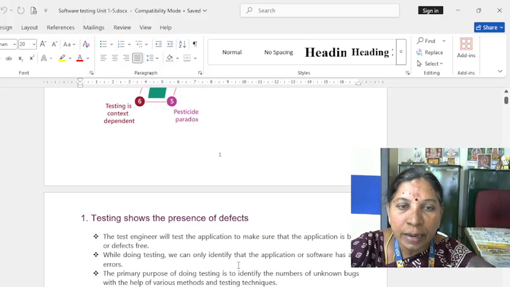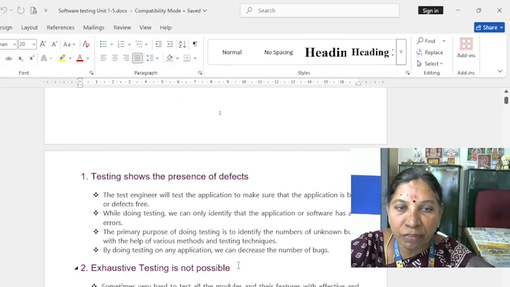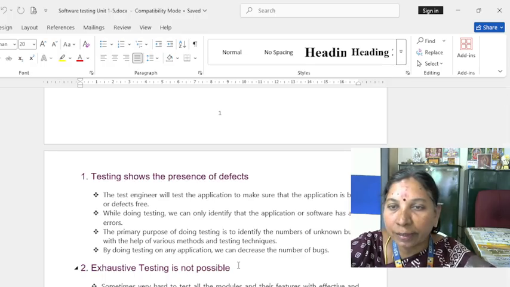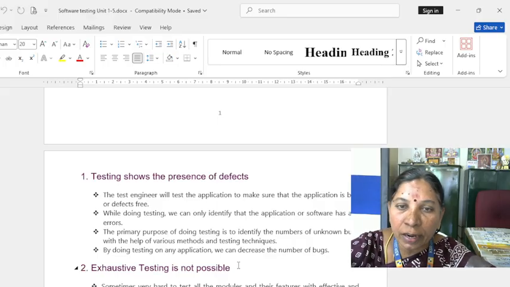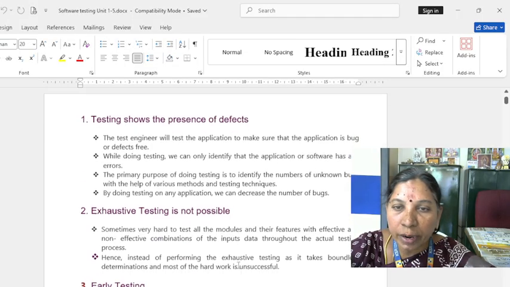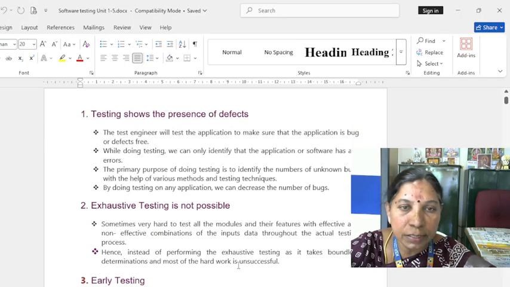Okay, first one, testing shows the presence of defects. It means the testing engineer will test the application to make sure that the application is bug or defect free. While doing testing, we can only identify that the application or software has any errors. The primary purpose of doing testing is to identify the number of unknown bugs with the help of various methods and testing techniques.